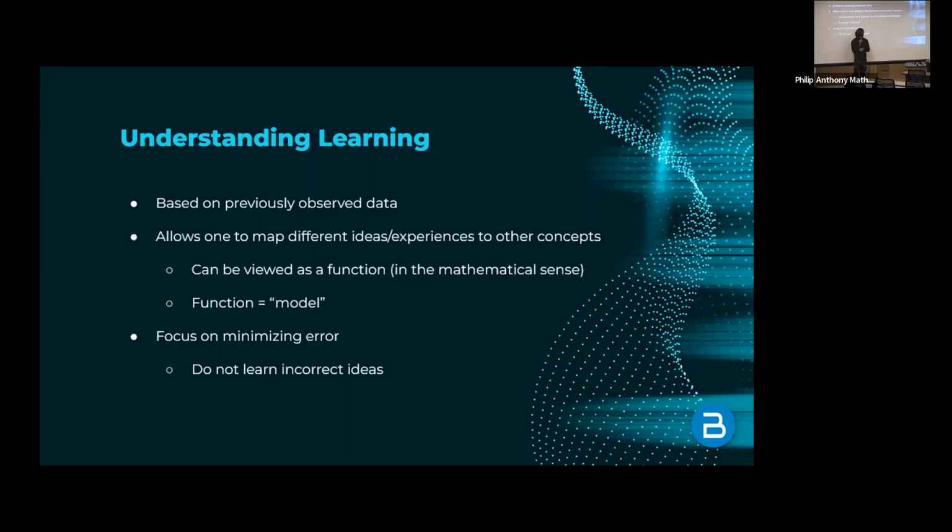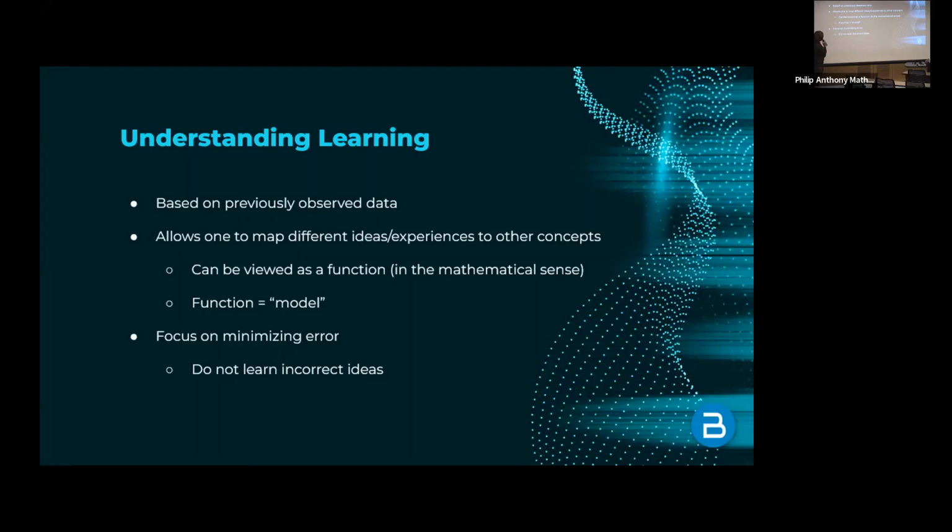Yes, the function is actually right here. But anyways, the way that machines bridge the gap between the data and predicting on new data is the function. The function is what we call models.